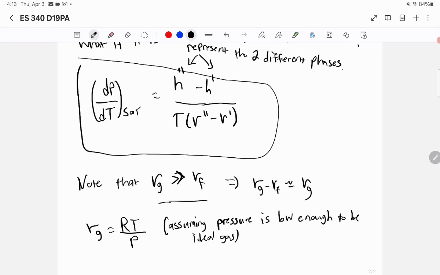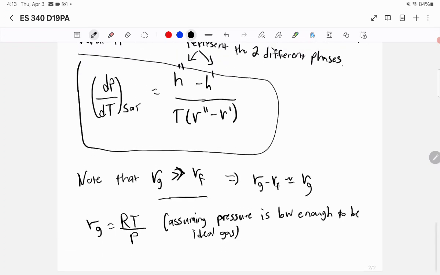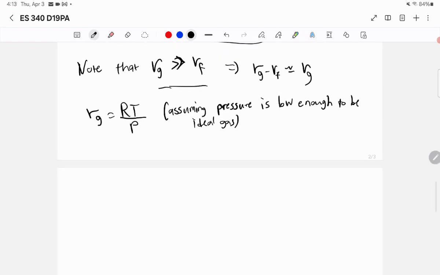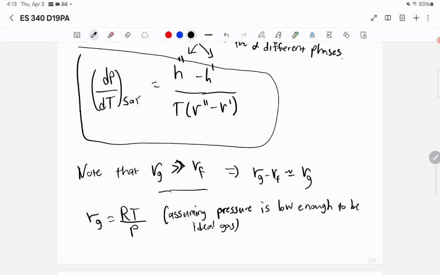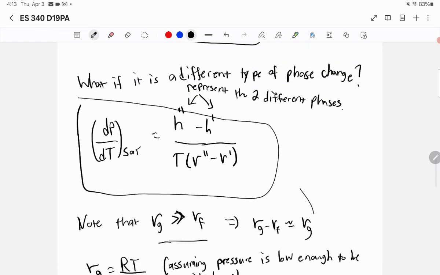So if we make two assumptions, that VG is much bigger than VF and that the pressure is low enough that it behaves like an ideal gas, then we can simplify this equation, and we can say dp/dt sat is equal to hg minus hf over RT squared over P. Right, so we just substituted in RT over P for VG into this equation here.